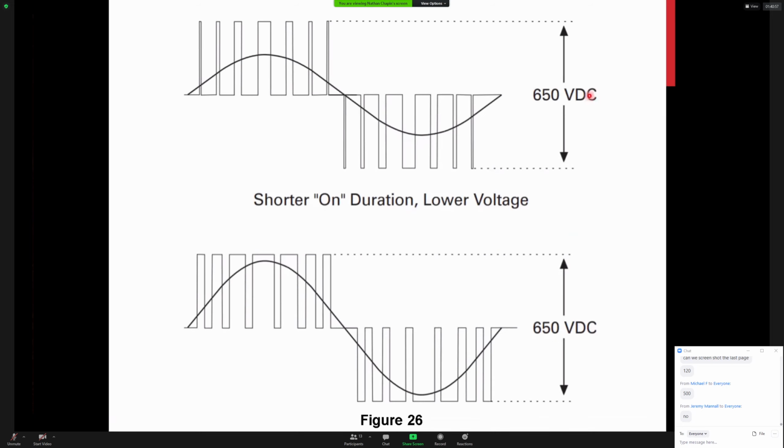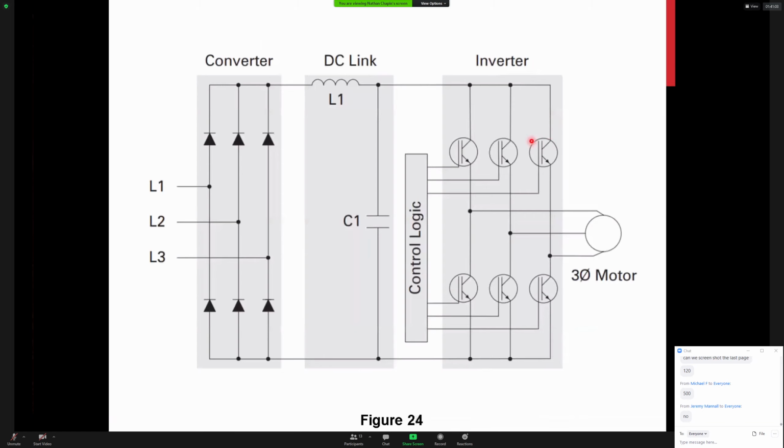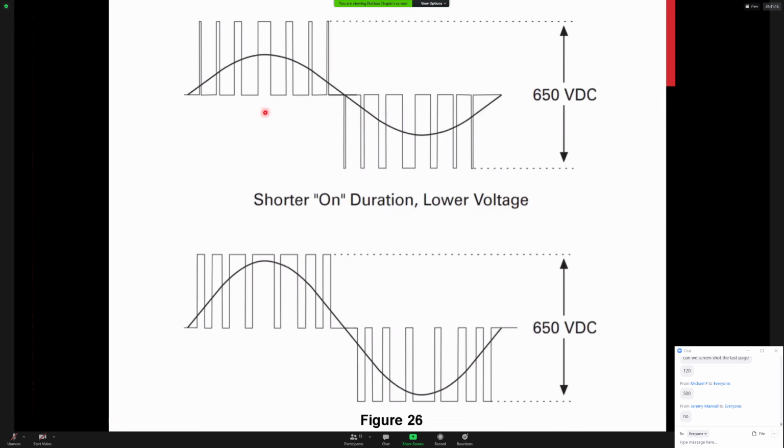So this is how pulse width modulation works. It always switches. So if we go back here, our IGBTs, or insulated gate bipolar junction transistors, all they're doing is switching between positive and negative values out to the motor. So for our positive alternation, they will switch positive 650 volts.